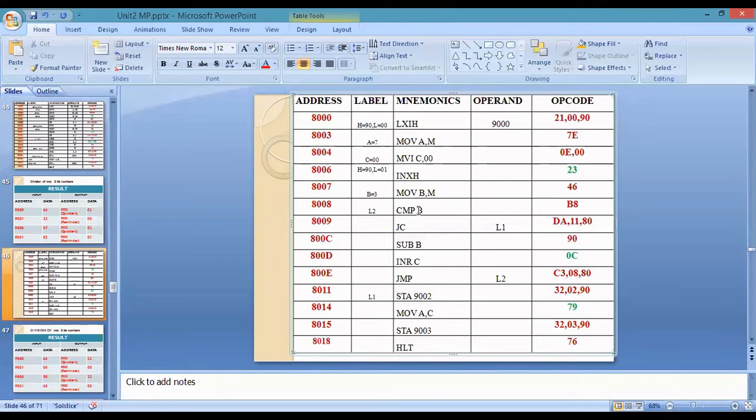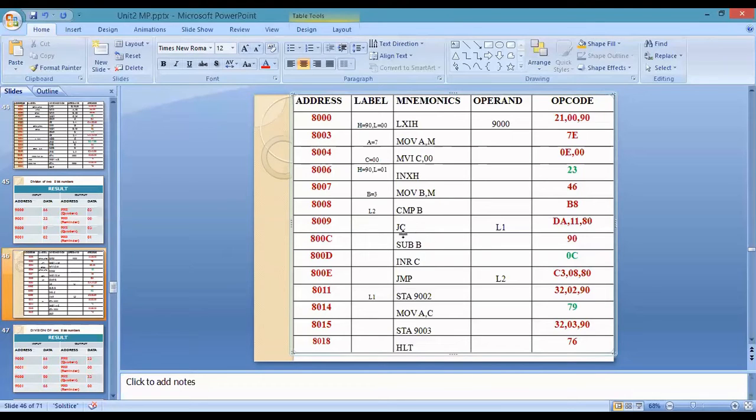Next one is CMP B. Compare B means now you have to check whether A is greater than B or not. Why are you checking? Because if A is less than B, we cannot divide that number. So you are checking first whether A is greater or not. After comparing, you will get no carry. No carry means A is the greater number.